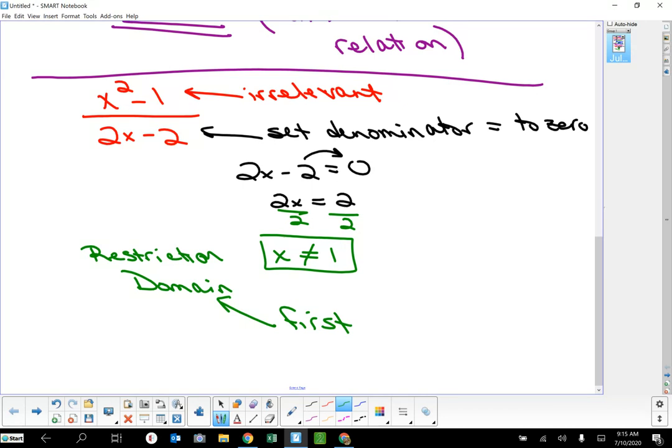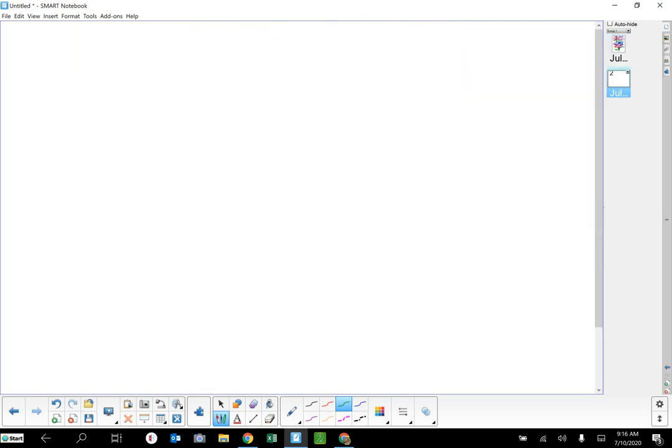A couple things with fractions that you should know. Remember that you need a common denominator to add and subtract, but not to multiply and divide.